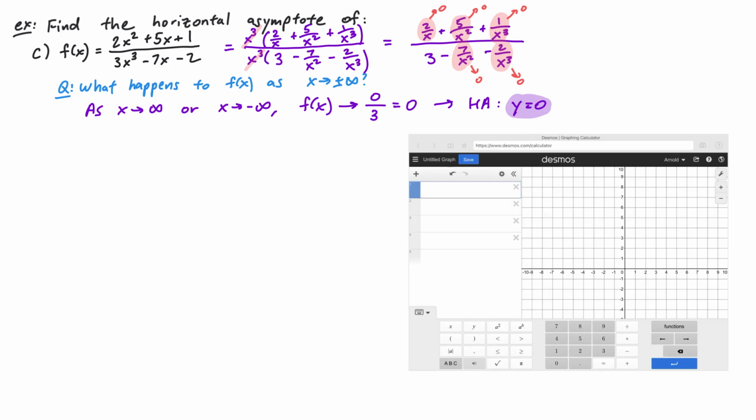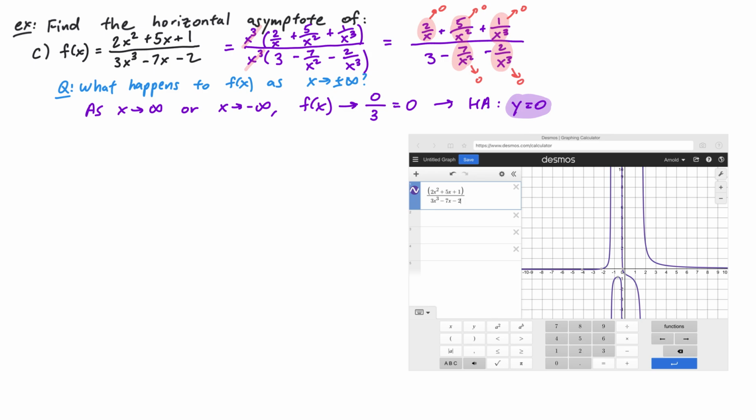Our function is 2x squared plus 5x plus 1, and we're dividing by 3x cubed minus 7x minus 2.